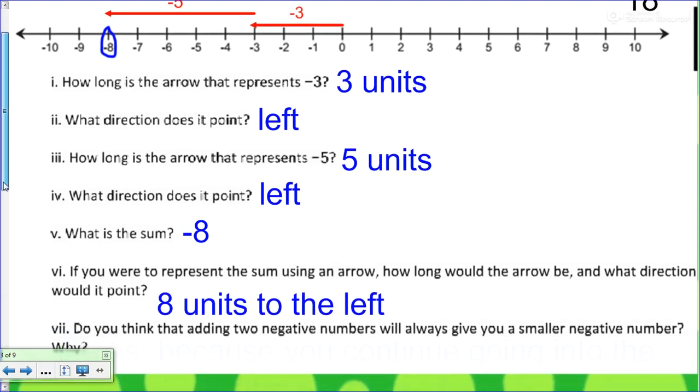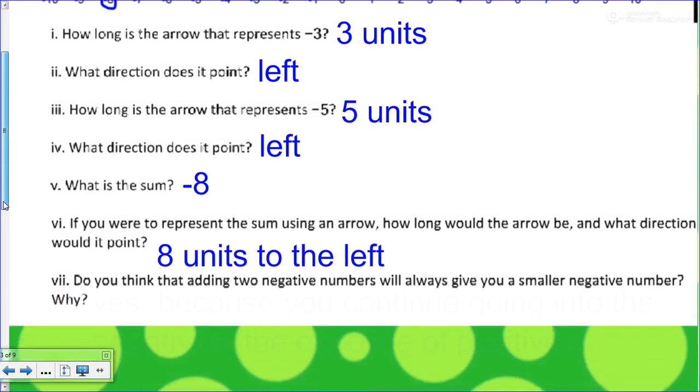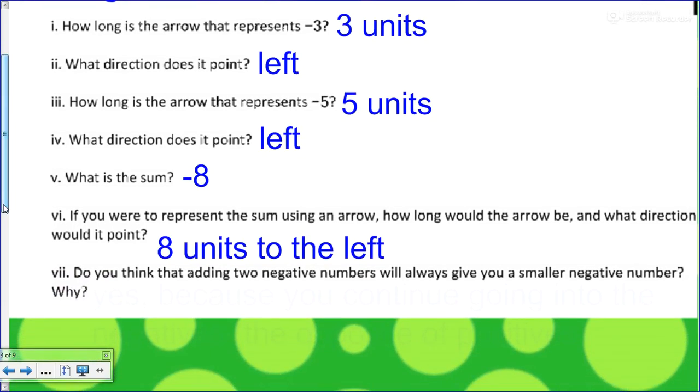So then, pivotal question, do you think that adding two negative numbers will always give you a smaller negative number? Okay, and remember, smaller negatives go further into the negative. The digit looks bigger, but because that minus sign is in front of it, or that negative symbol, it's really a smaller value.